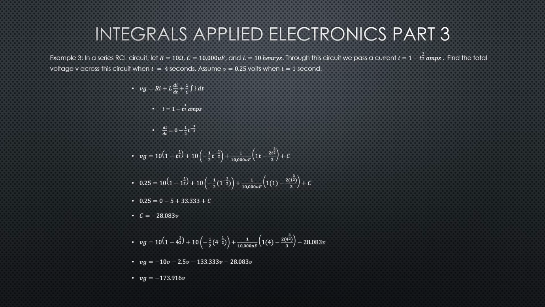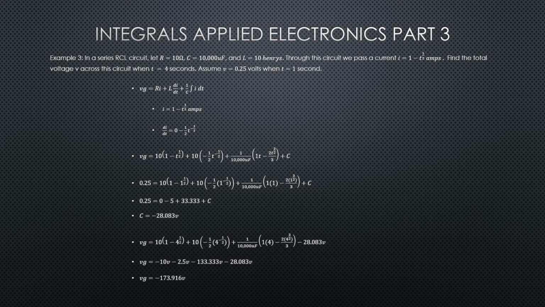And we get a formula that's there on that second major bullet point, but we don't know what C is. We were given V is equal to 0.25 volts when t is equal to 1 second. So what we need to do is solve for C, and the C remains constant throughout all times.